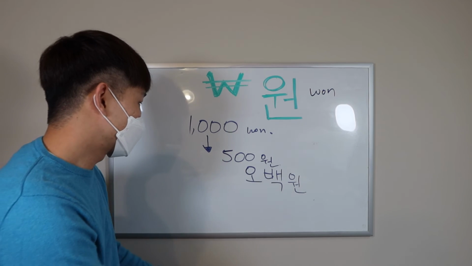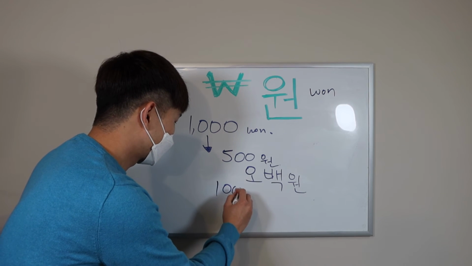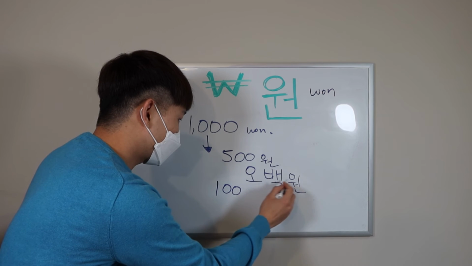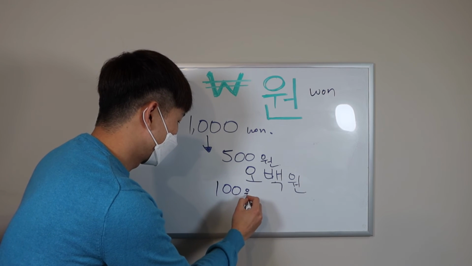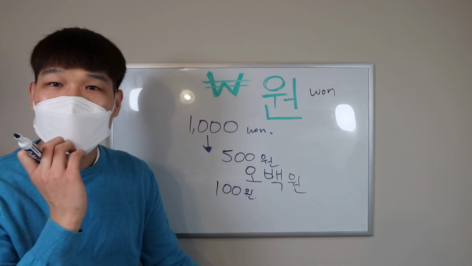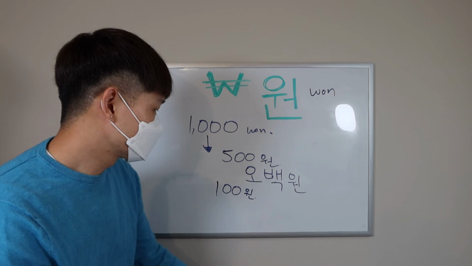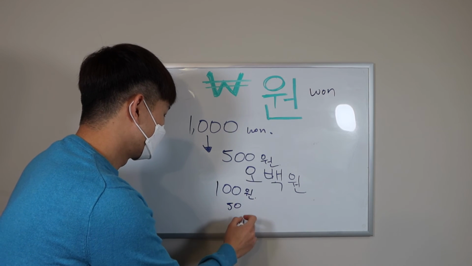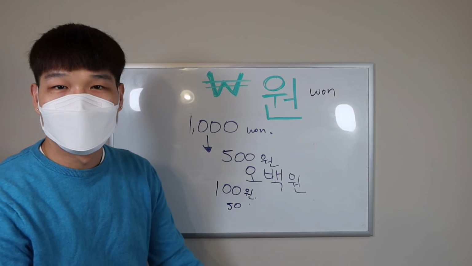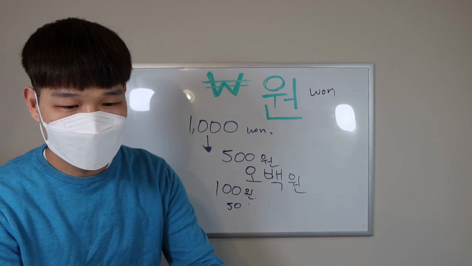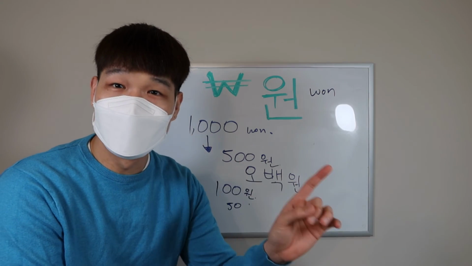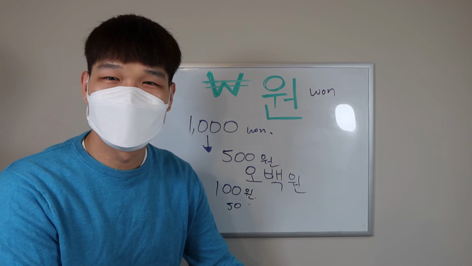From here, you can even go lower to 100 won. This is about 10 cents. There's 50 won, which is even lower. And there is a 1 won, but you wouldn't have to worry about that.